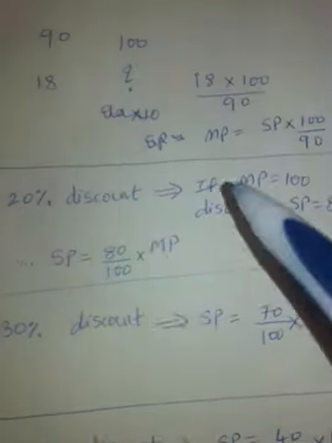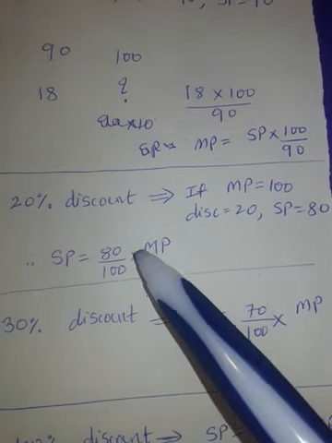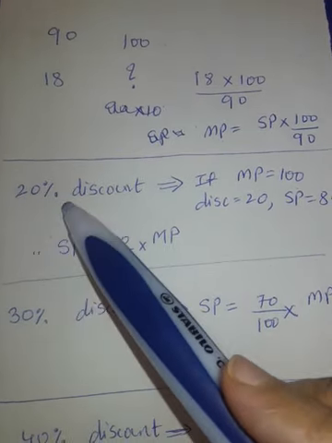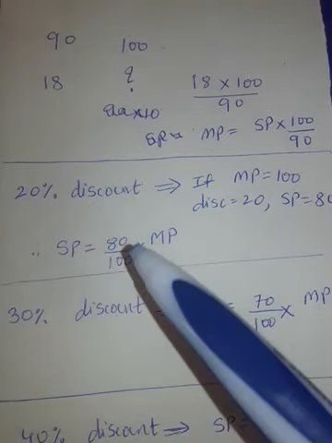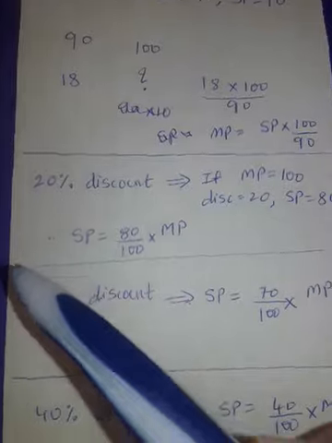If there is 20% discount, then what will happen? SP will be 80 upon 100 into MP. Whatever number is here, 20%, 30%, subtract it from 100. So 80 upon 100 into MP.